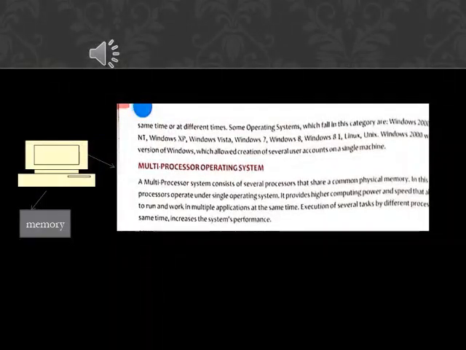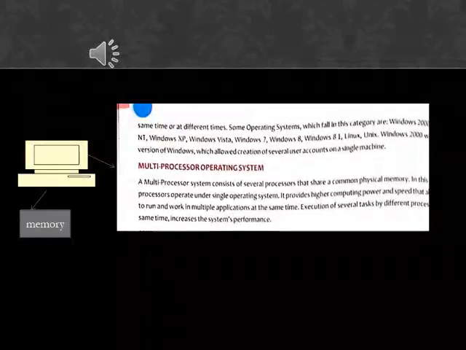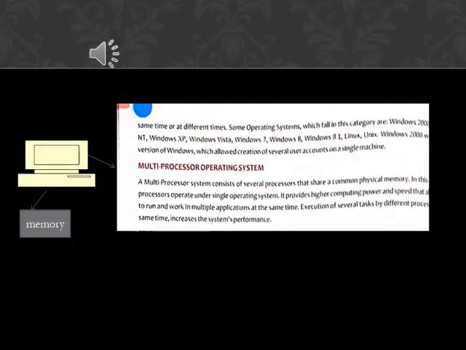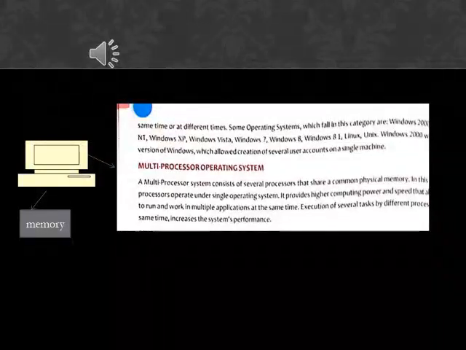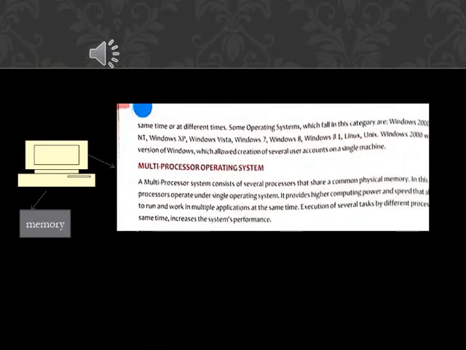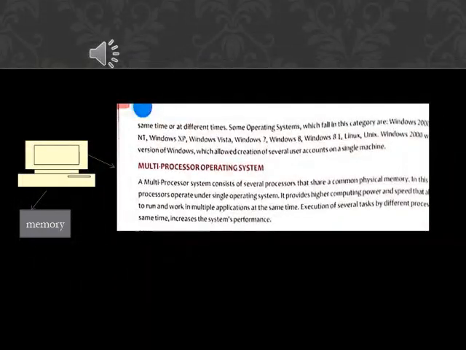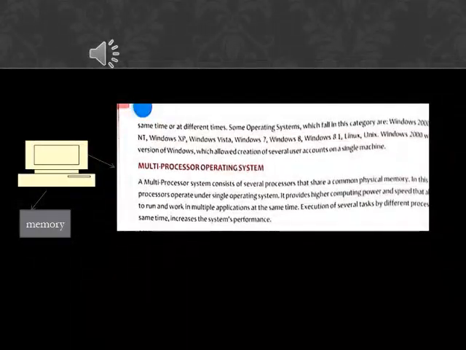These processors operate under a single operating system. One operating system handles more than one processor, or more than one CPU. Because there is more than one processor, it provides higher computing power and speed, so they can run multiple applications at the same time.